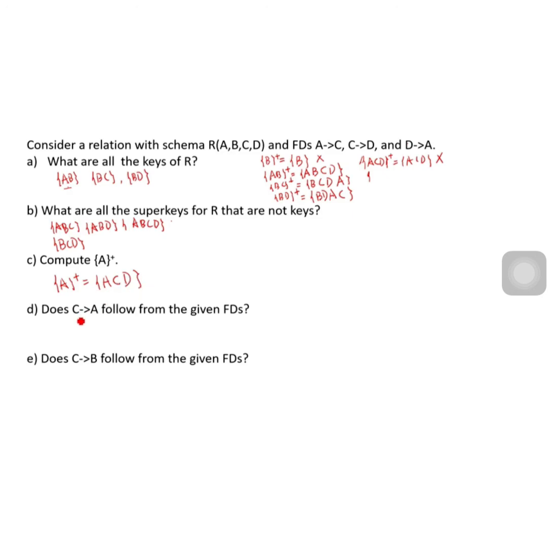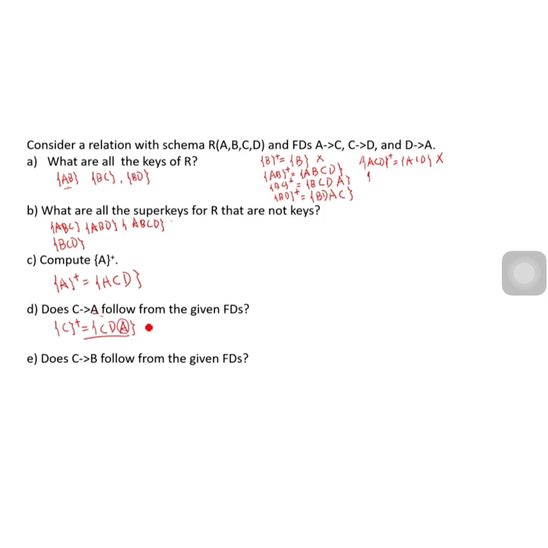Does C functionally determine A follow from the given FDs? If we want to answer this, we can compute the closure of the left side, C. The closure of C: the base is C. C functionally determines D, D is added. D functionally determines A, A is added. That's all. So let's check the closure of C: A is in the closure.